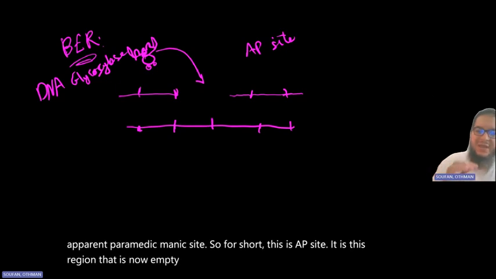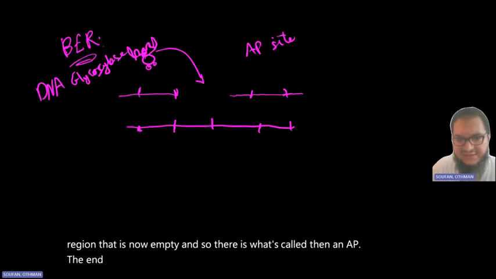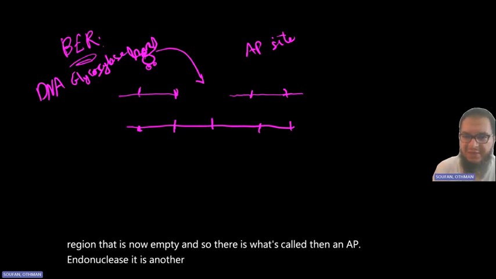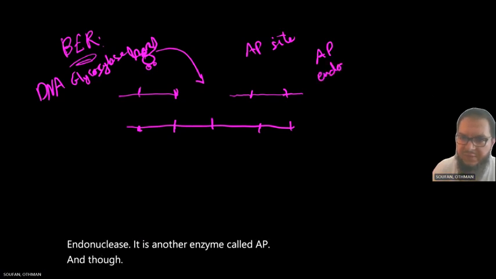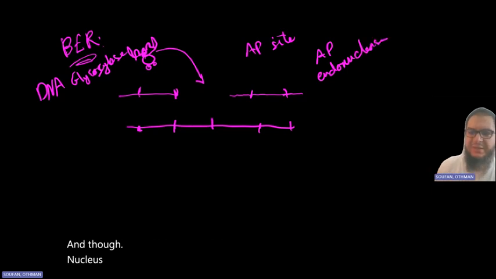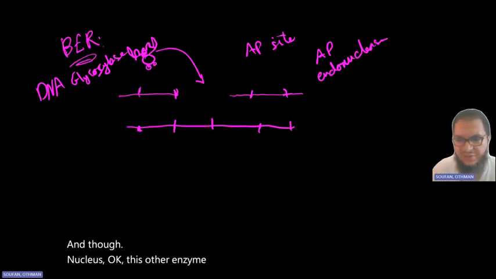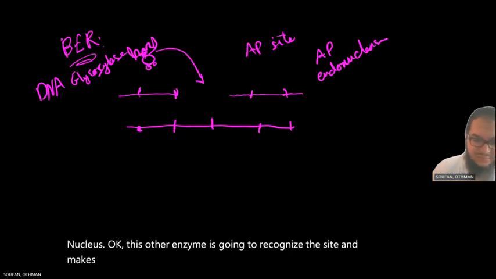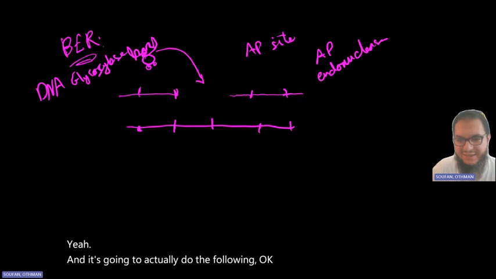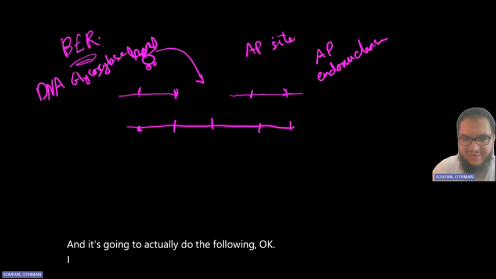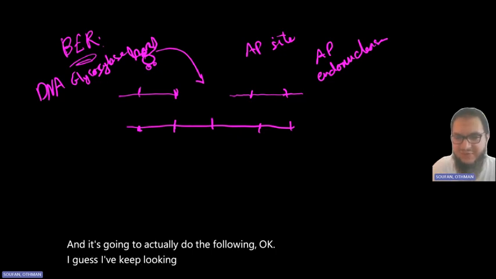And so there is what's called an AP endonuclease. It is another enzyme that is going to recognize the site. Let me make sure I get this right.